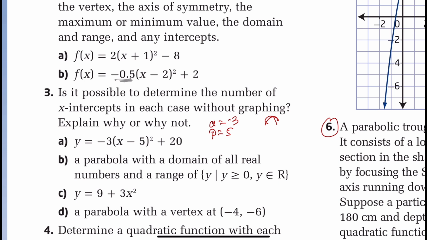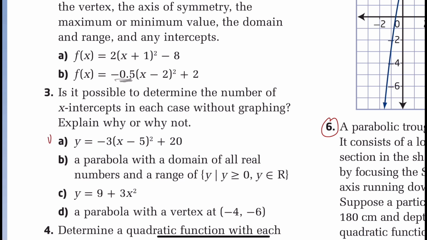So if this was the original one, the next one will go to 5 there. And it is taken up 20 units. So my vertex will be here. So you can see it will touch the x-axis in two different places. So yes, this one will be touching the x-axis 2 times.